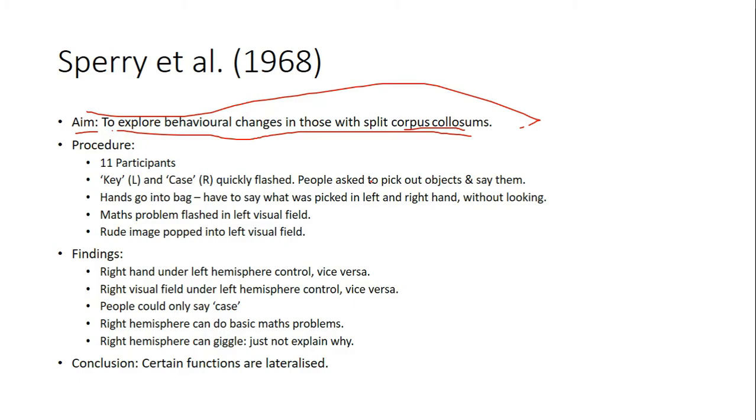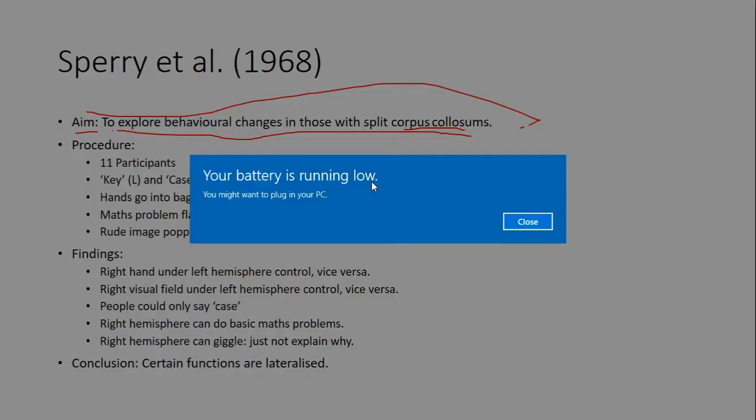Imagine you have a massive screen in front of you, sort of split in two halves, and one half says one word and the other says another. So for example, key on the left side and case on the right side. So they both flash up at the same time, but key is on the left side and case is on the right side.